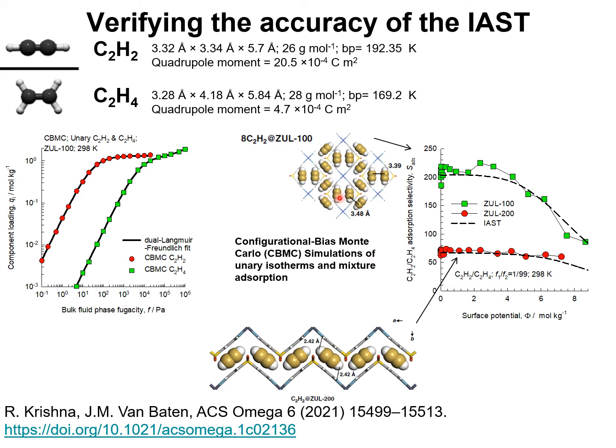The packing of ethyne is more efficient within ZUL 100, and this results in a higher adsorption selectivity by a factor 4 in relation to the selectivity for ZUL 200.